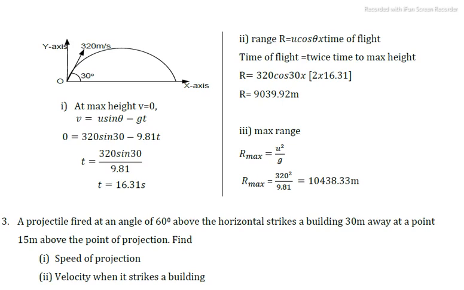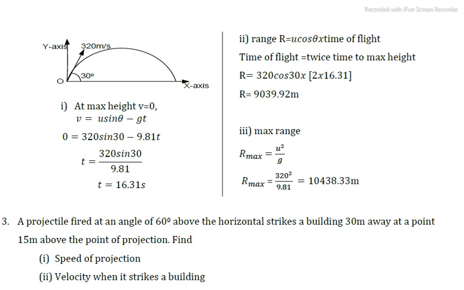In part 2, the range is given by the horizontal velocity times the time of the flight. Why time of flight?